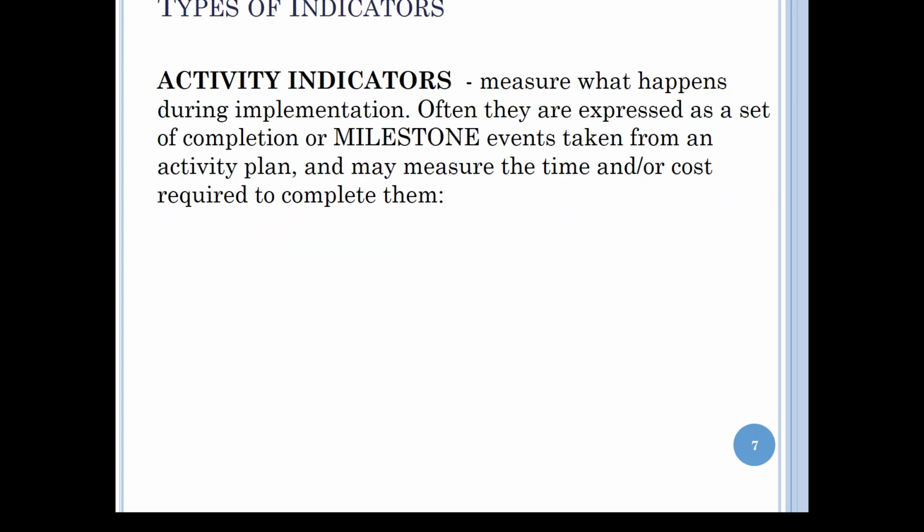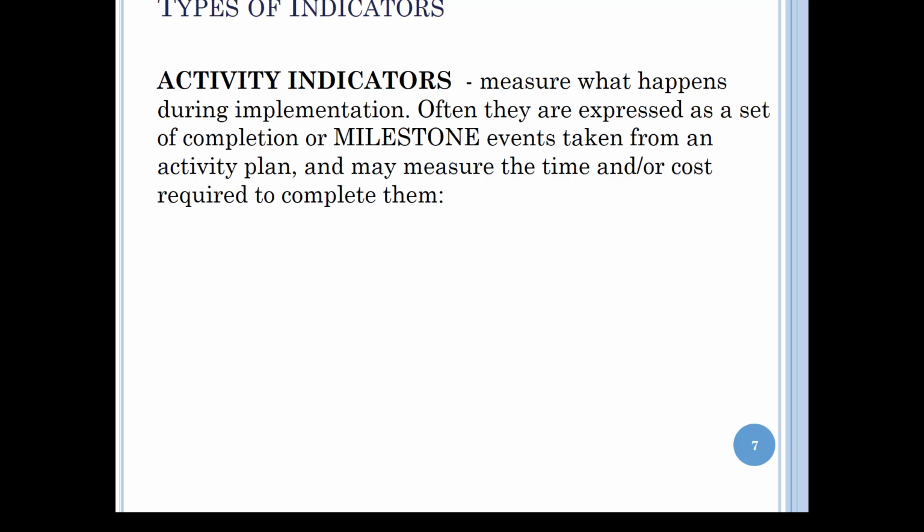Activity indicators measure what happens during the implementation of the project, during the production of the outputs. The indicators can be expressed as milestones, meaning that during the course of these activities, certain milestones are achieved that allow you to be more secure that the output is going to be produced successfully.